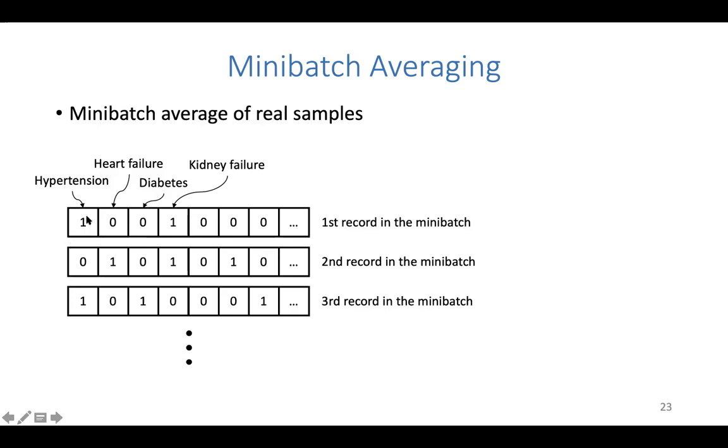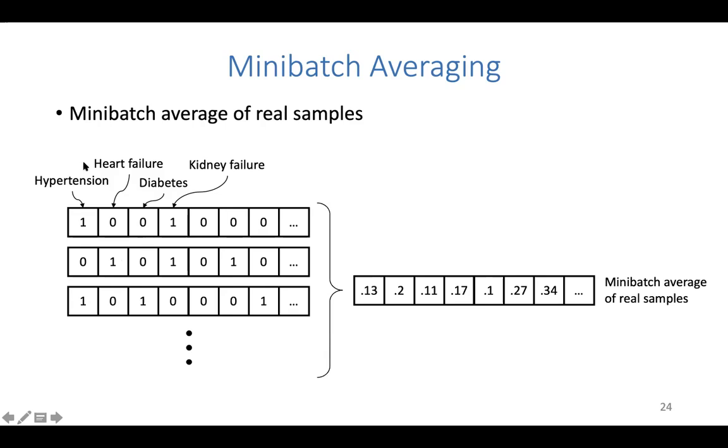For this patient, the patient did receive hypertension. This patient did not receive hypertension, but did receive heart failure, and so on and so forth. So the combination of values would be different for each patient, or actually we're saying each record. So each record has all different values.